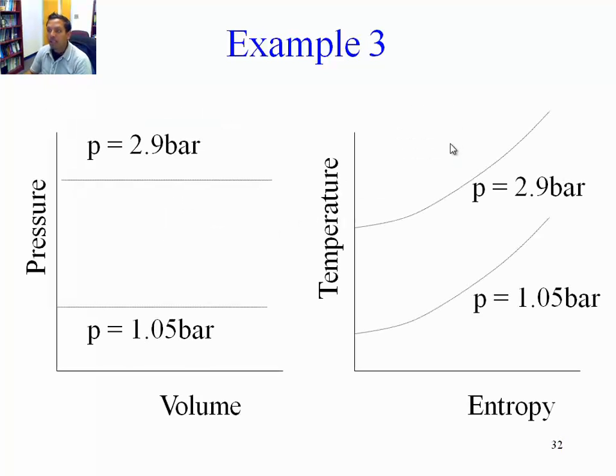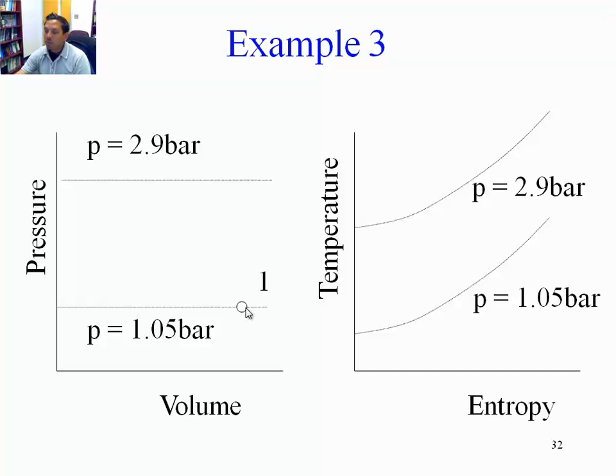If we plot this in PV and TS diagrams, notice that in the PV diagram the compressor is going to go from 1.05 bar to 2.9 bar, regardless of whether it does so adiabatically or isentropically, ideally or in actuality. And it's also going to go from 1.05 bar to 2.9 bar in the TS diagram. But in the TS diagram, these two pressure lines are growing exponential lines.